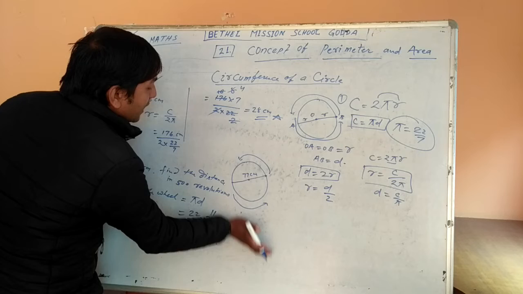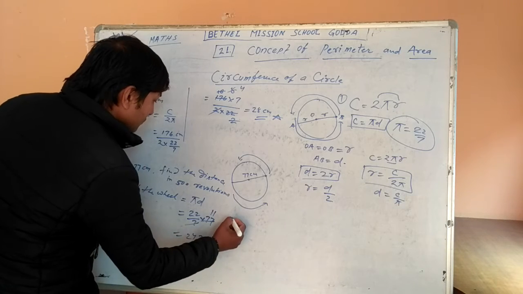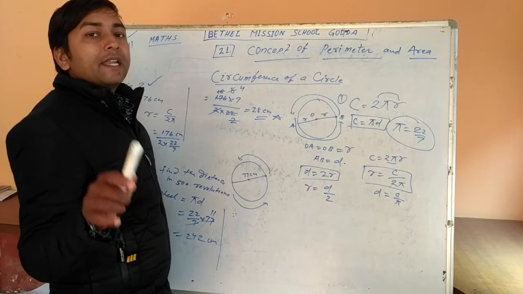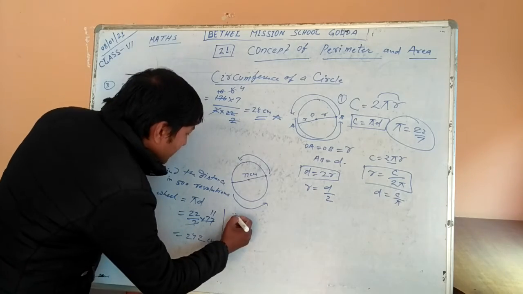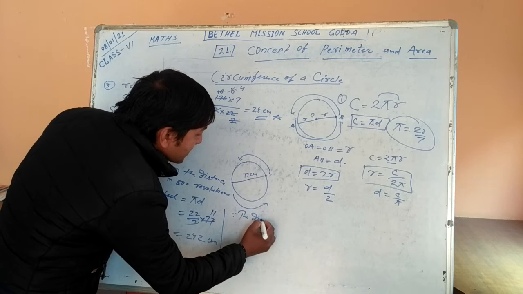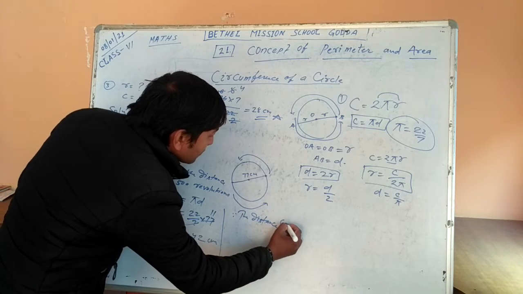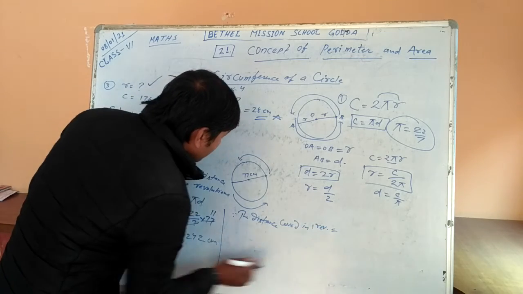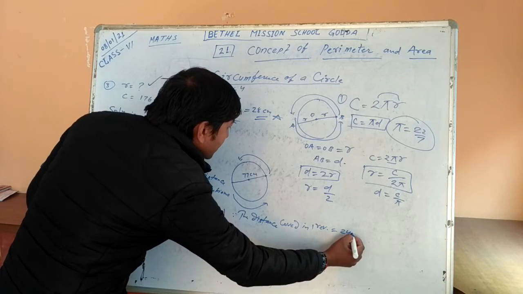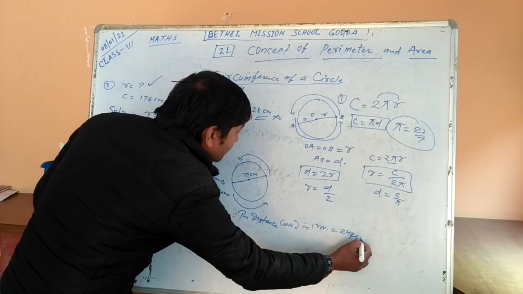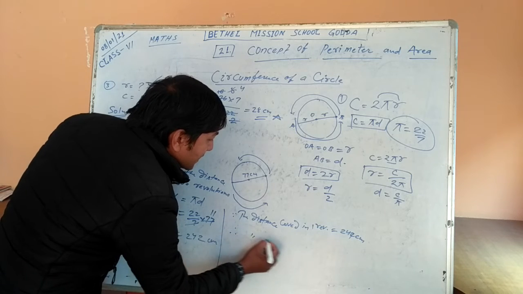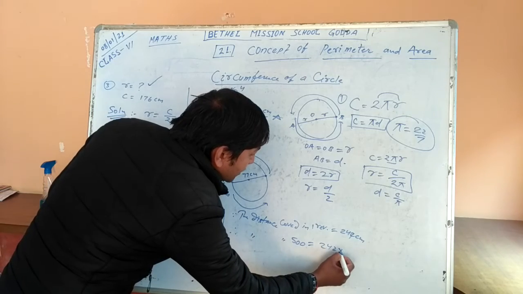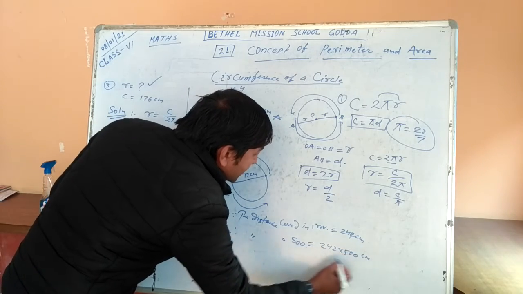So now you have to write that since the distance covered in one revolution equal to 242 centimeter, therefore, the distance covered in 500 revolution is 242 into 500 centimeter.